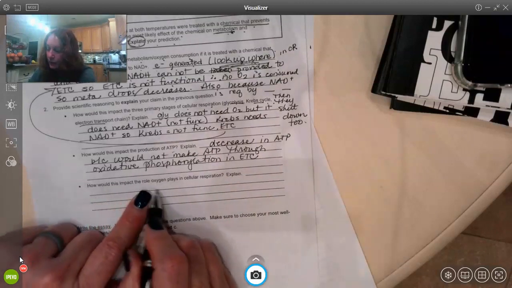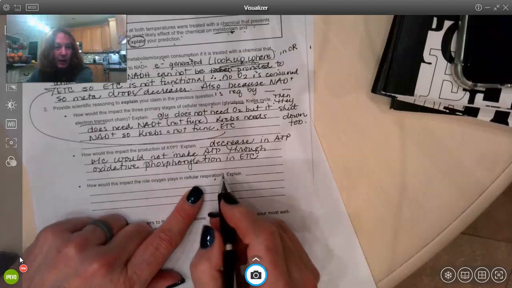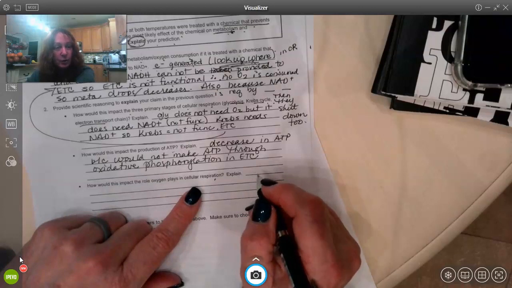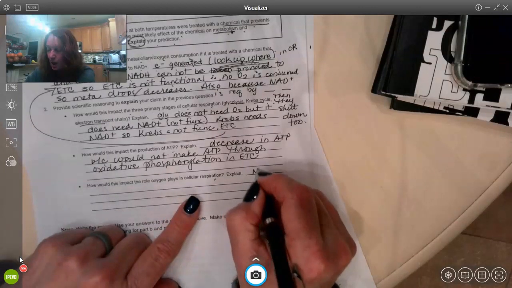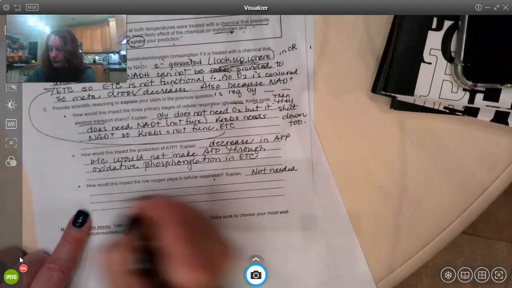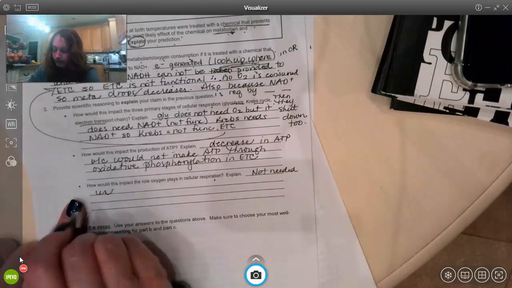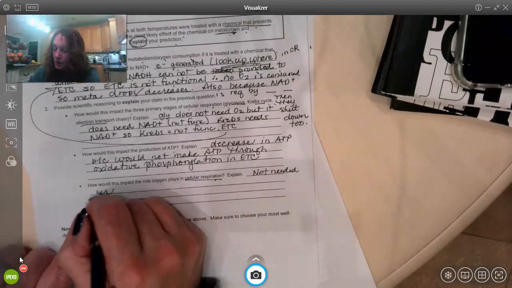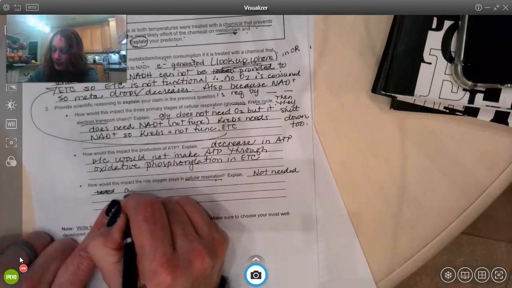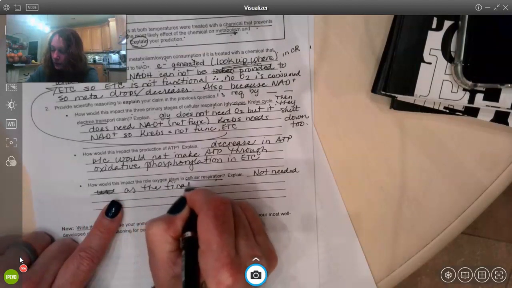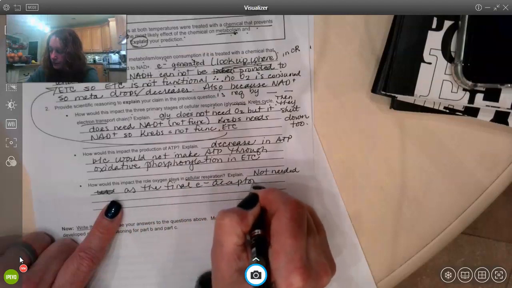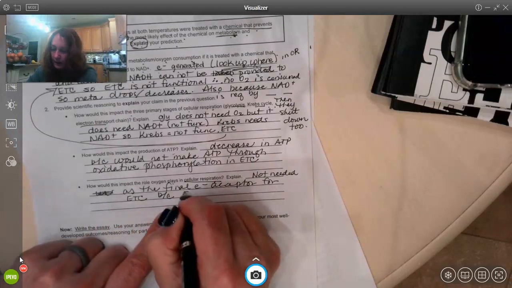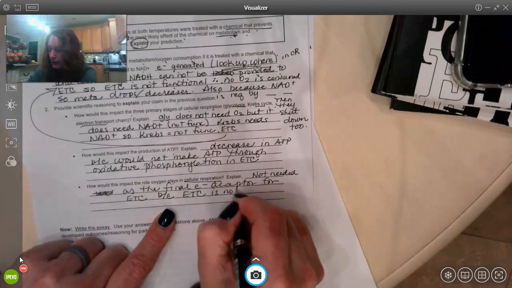How would this impact the role oxygen plays in cellular respiration? Well, it's needed when the electron transport chain is working. So it's not needed in cellular respiration. They're being pretty specific there. Okay, so it's not needed as the final electron acceptor for the electron transport chain because the electron transport chain is not functional.